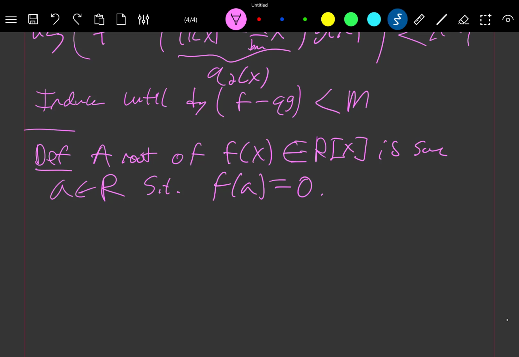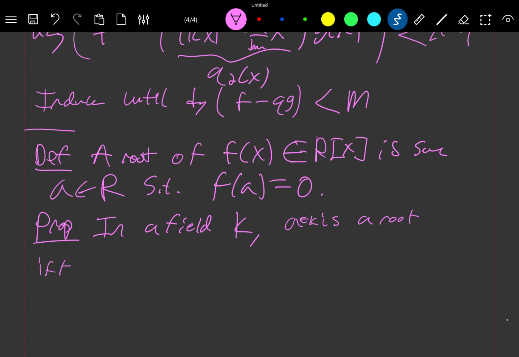So what we can do now, using this division algorithm, is say in a field K, a is a root if and only if x minus a divides some polynomial f.